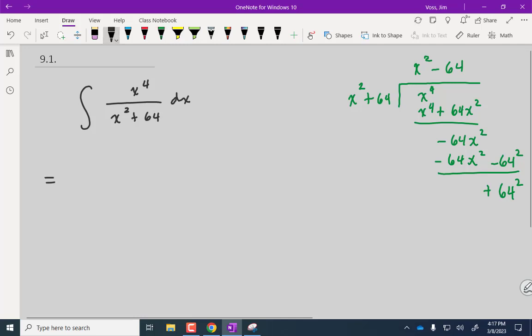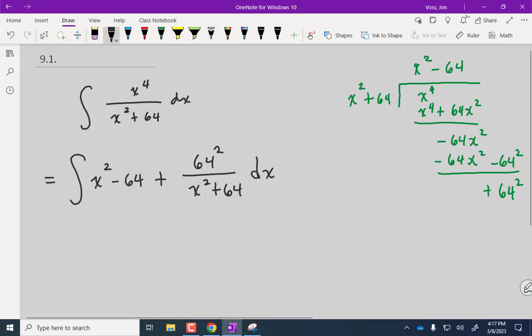So our integrand becomes the quotient plus the remainder divided by the divisor. So that is the best way to handle that thing.